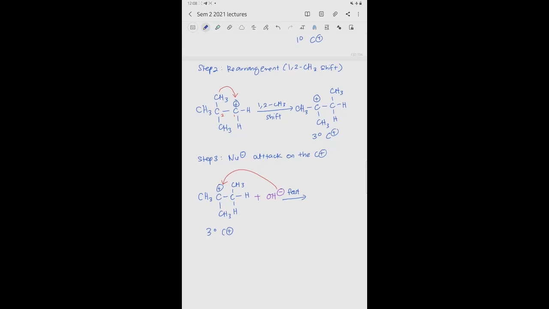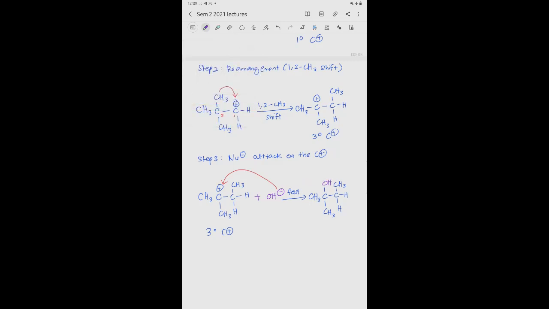The major product will be formed, where the OH is attached to carbon number 2 instead of carbon number 1. So that will be the major product of this reaction.